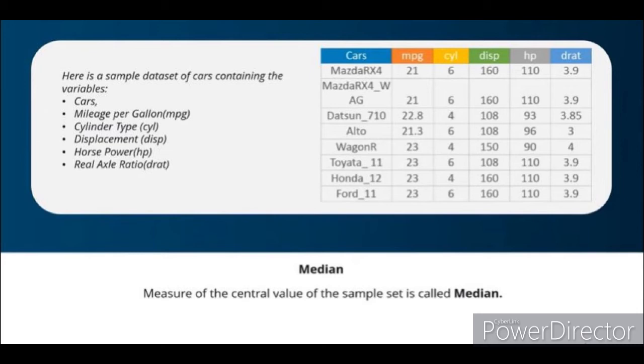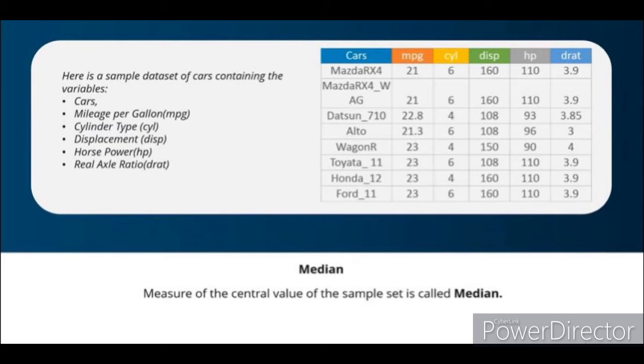In this case, since we have 8 values, which is an even number, whenever you have an even number of data points or samples in your data set, then you're going to take the average of the two middle values. If we had 9 values over here, we can easily figure out the middle value and choose that as the median. Since it's an even number of values, we're going to take the average of the two middle values.